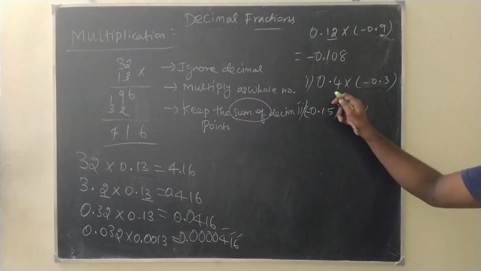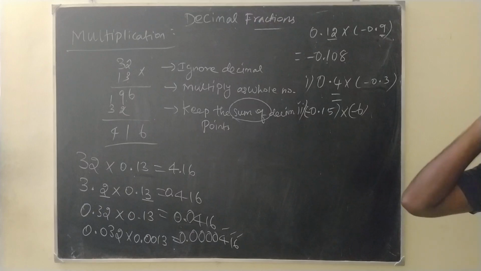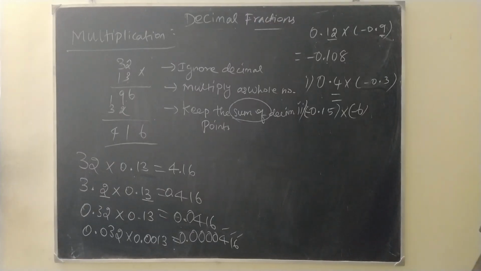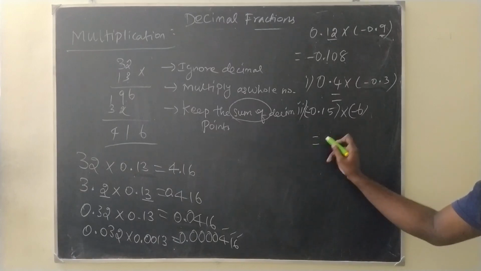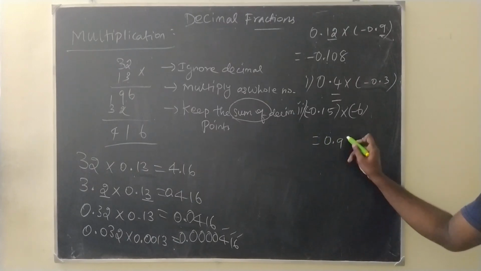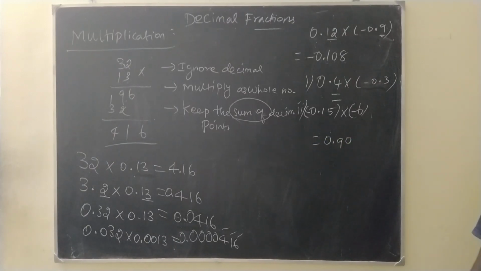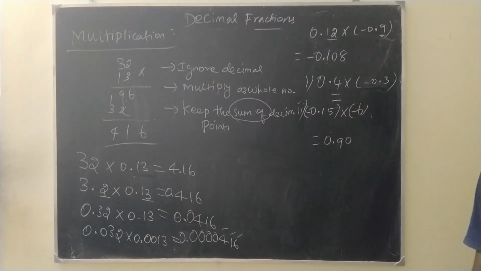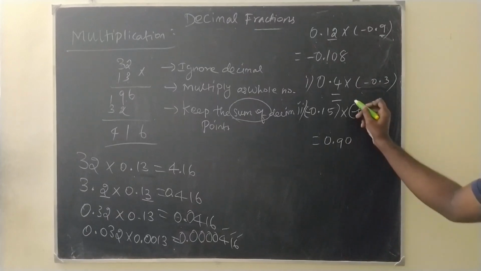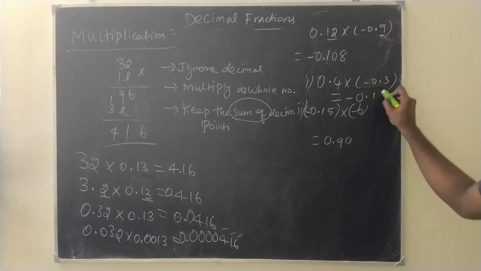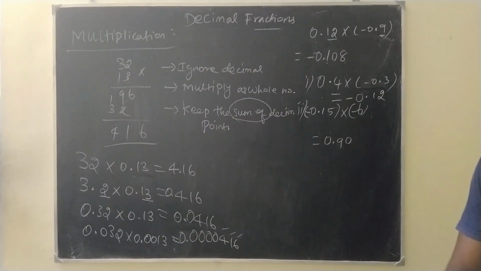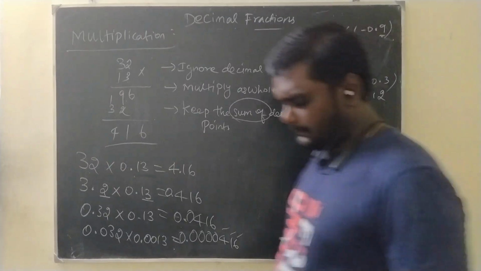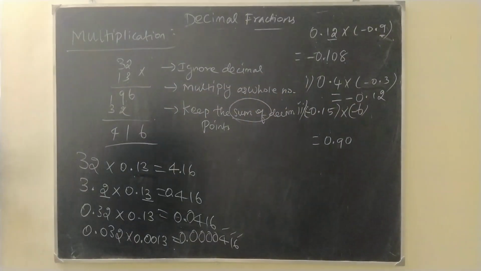Okay, what is the answer for this? So 0.90. Okay, first one, negative 0.12. Yes, correct. That is all. Next, division.